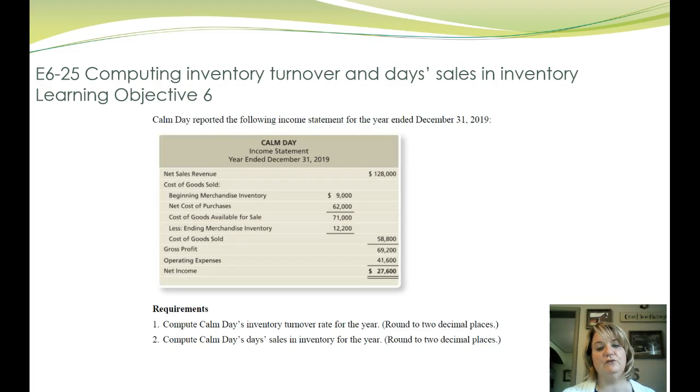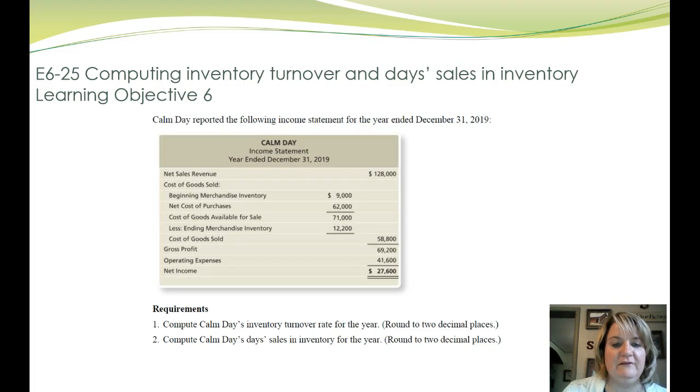E6-25, computing the inventory turnover and days sales in inventory. This is in regards to learning objective 6, which is use inventory turnover and days sales in inventory to evaluate business performance.